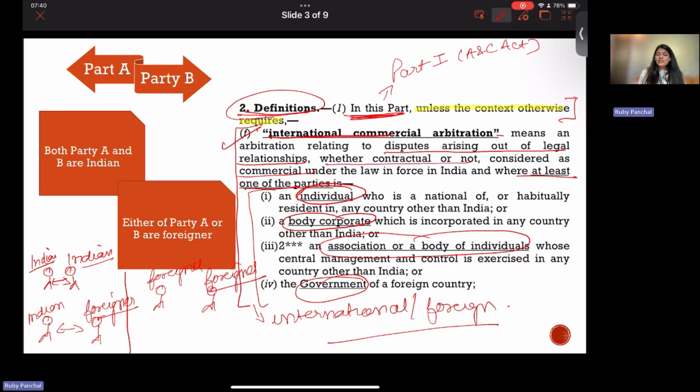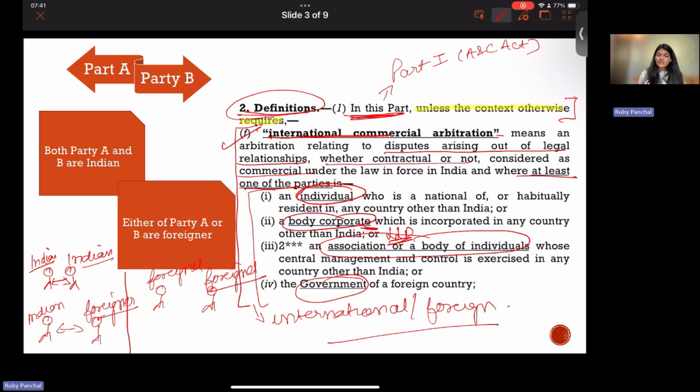Since we're talking about companies, companies are body corporate, right? For instance, a limited liability partnership would also be body corporate, right? Why? Because once you've registered it under the Act, the Companies Act, the LLP Act, they become a body corporate or a person of their own, a legal entity. A legal fiction is created by virtue of which they become a legal entity in the eyes of law. And that is what we mean by a body corporate.